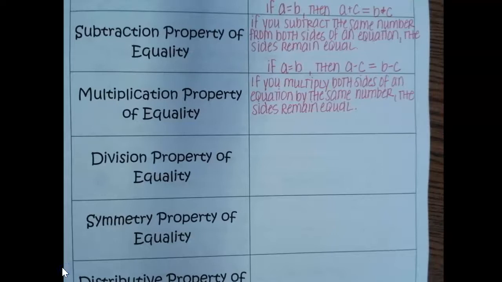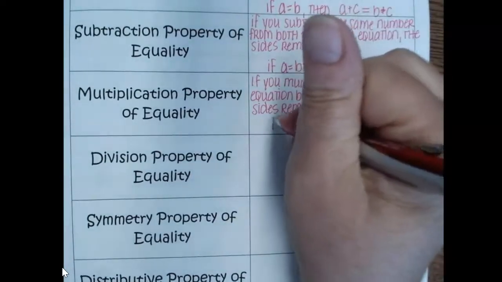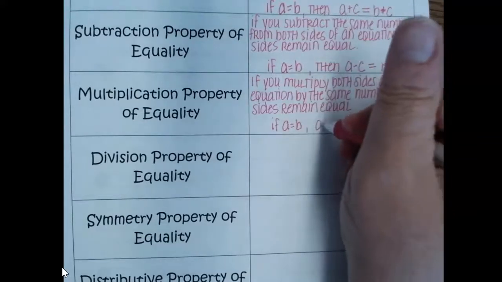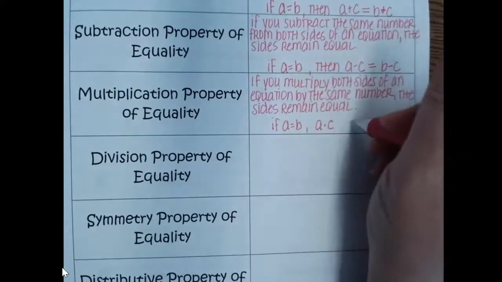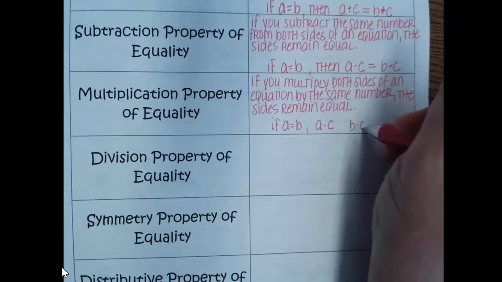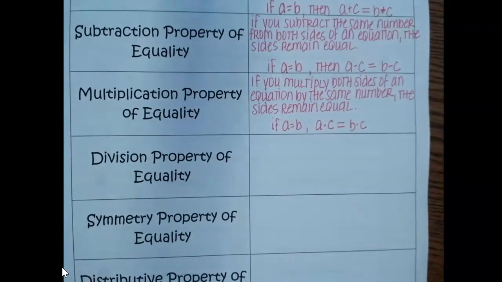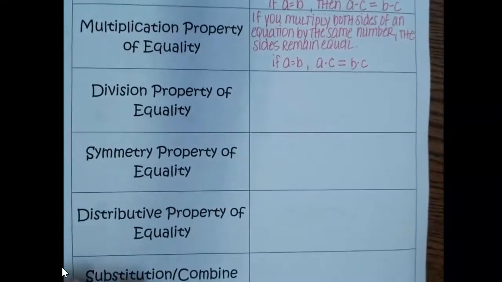So, if you multiply both sides of an equation by the same number, the sides remain equal. So if we start off with A equaling B, if I multiply A times C and I multiply B times C, they will remain equal to each other. Alright, our division property of equality.